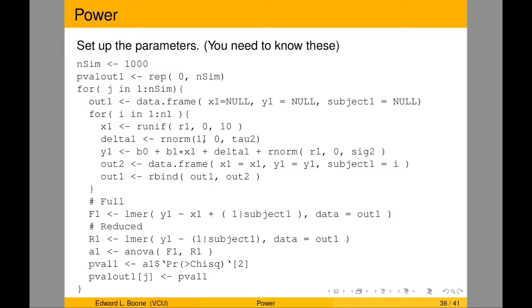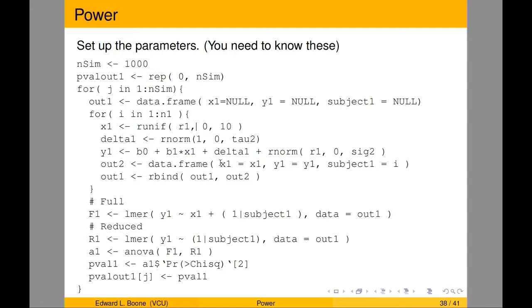This is their individual effect, with a mean of 0 and a standard deviation of tau 2. Y1 then becomes B0 plus B1 times X1, just like in simple linear regression, but then we add in this delta 1, their individual random effect, and the random noise, the epsilon that's on the end, and there are R1 of these, because that's how many times we repeatedly measured them.